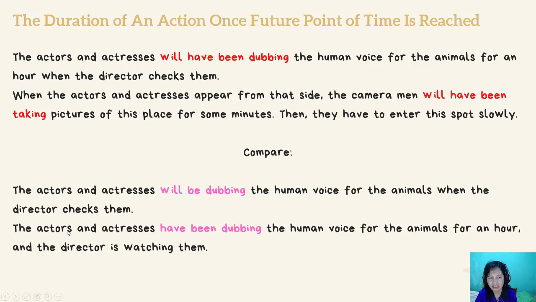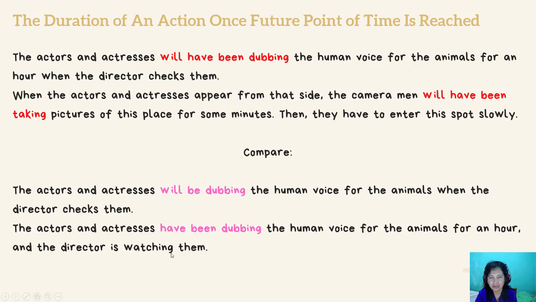It is the same as the actors and actresses are dubbing the human voice for the animals. But of course, there is no duration. So it is the same as present continuous. But in present continuous, there is no duration. The actors and actresses are dubbing the human voice for the animals, and the director is watching them.